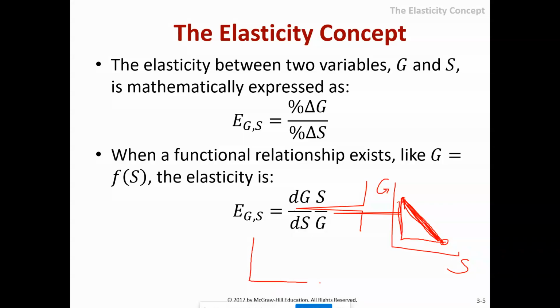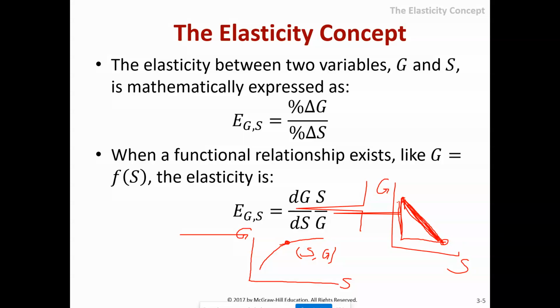If we had a nonlinear relationship, we have something like this, G with respect to S. For one point, for example, this particular combination, then what we do is take a derivative.